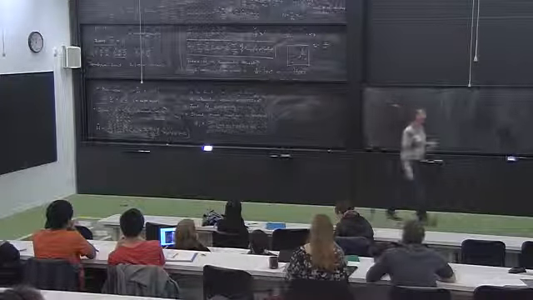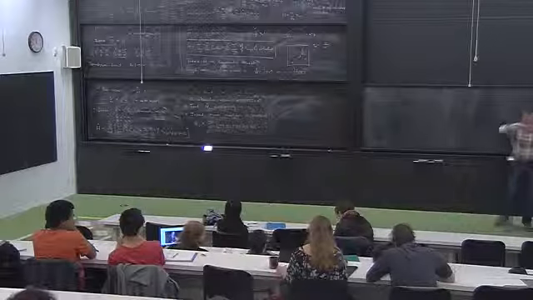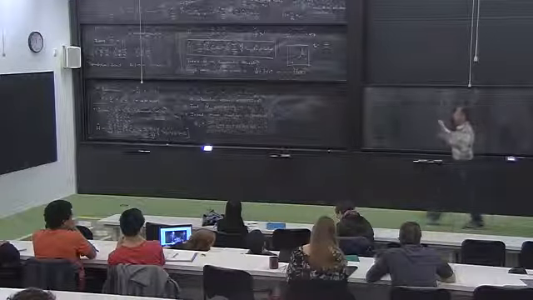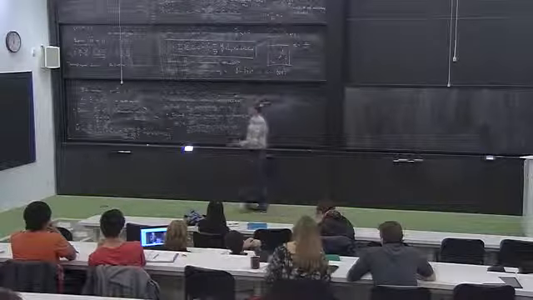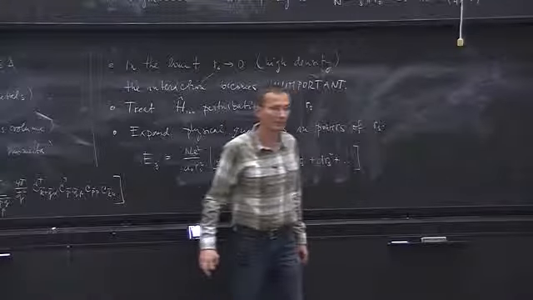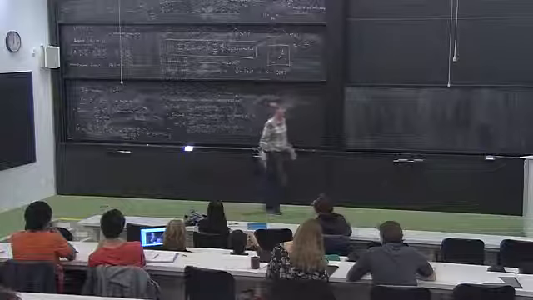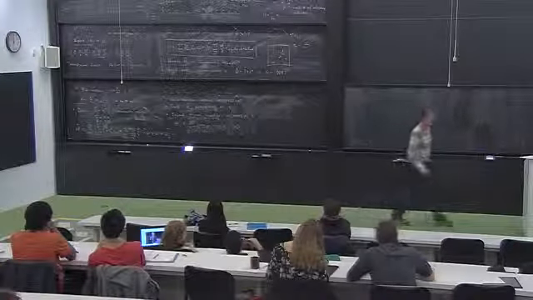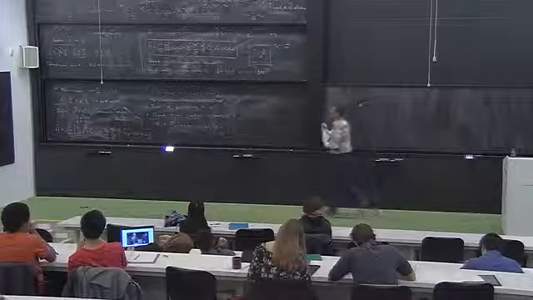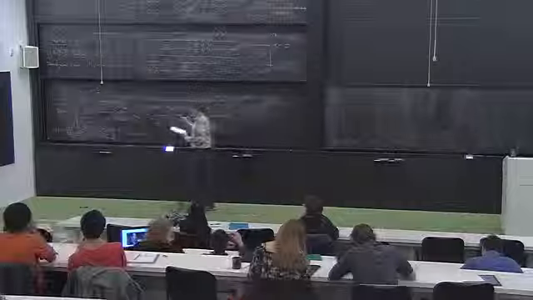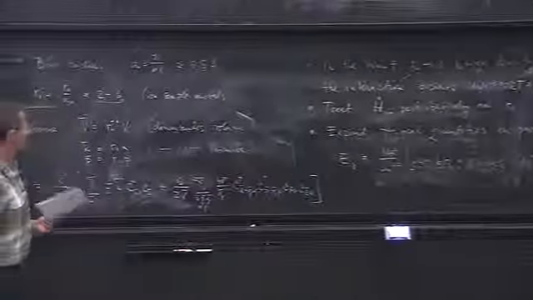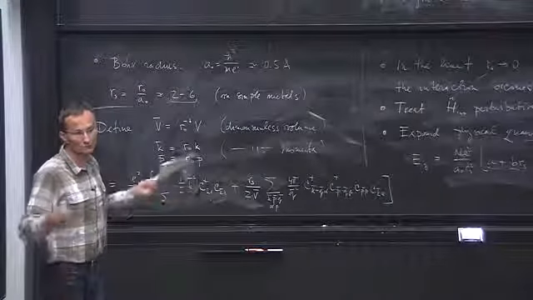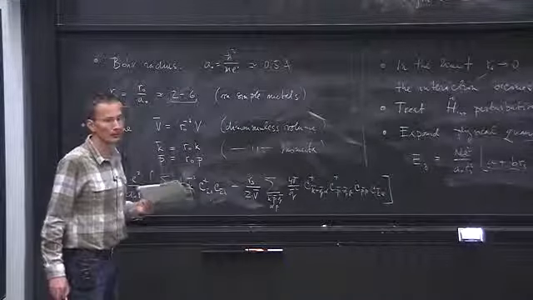And it's not obvious why, but a more in-depth analysis turns out that this is actually not bad for regular metals. And we will see some signature of that in a moment. This is not a rigorous analysis, but there are some results that are suggestive that this expansion, even to low order, can be applied to simple metals.